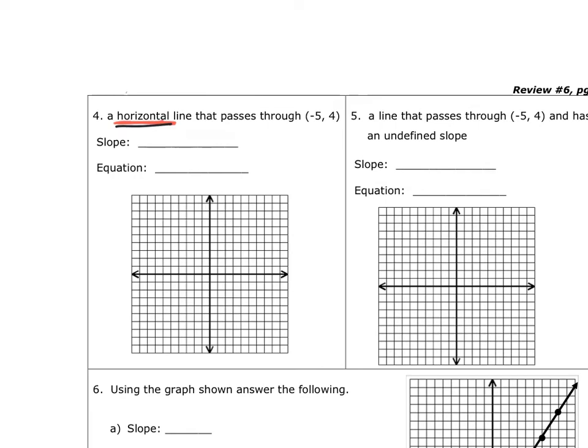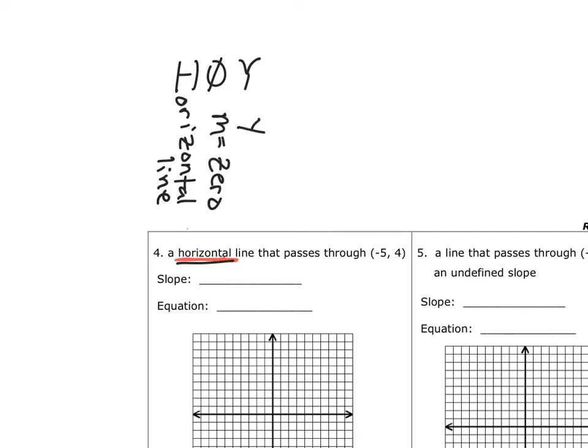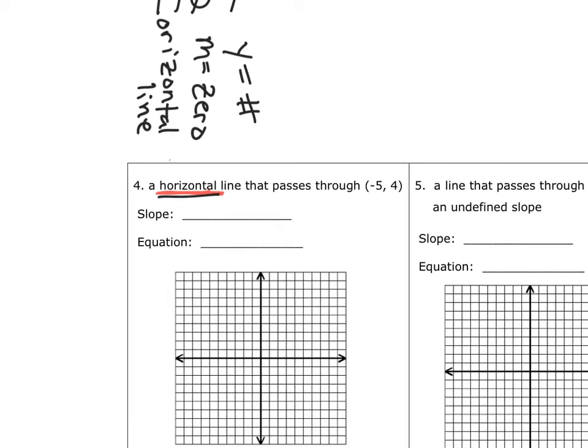Now, just in case you don't remember what HOI is, HOI means that it's a horizontal line, that the slope is 0, and that when you write the equation, it looks like y equals a number. So if I know it's a horizontal line, then I know that the slope is 0 because of HOI. And the equation is going to be y equals a number.